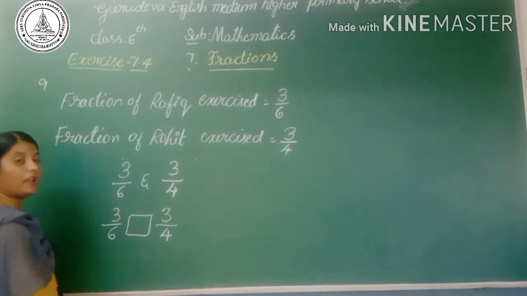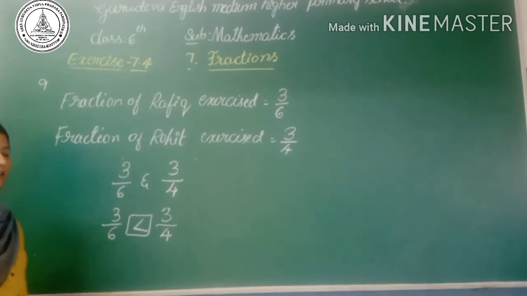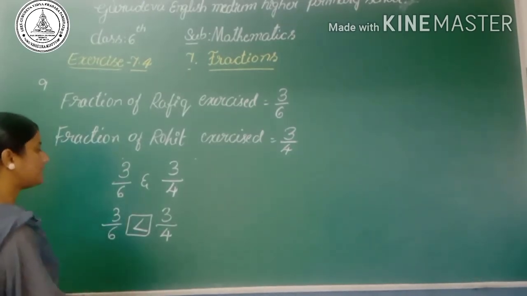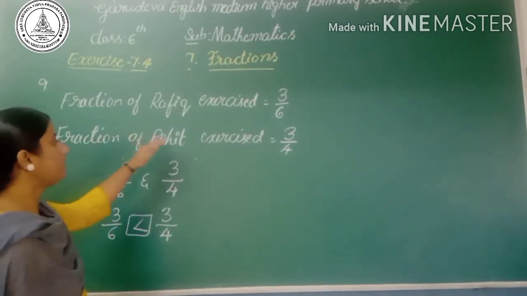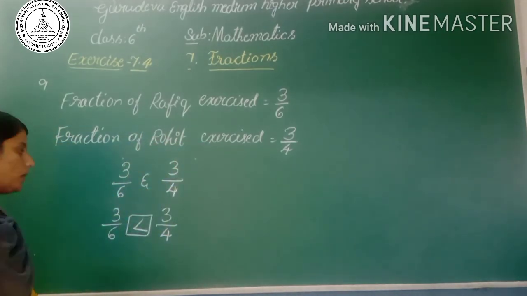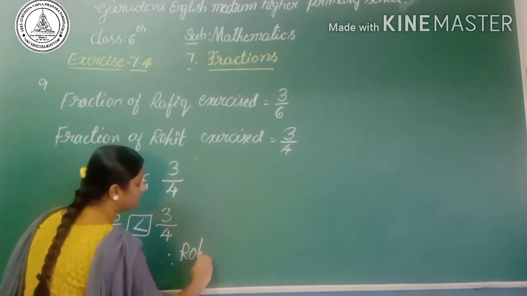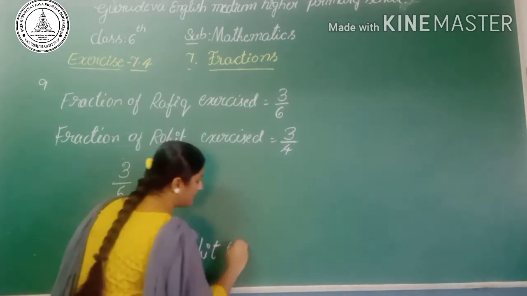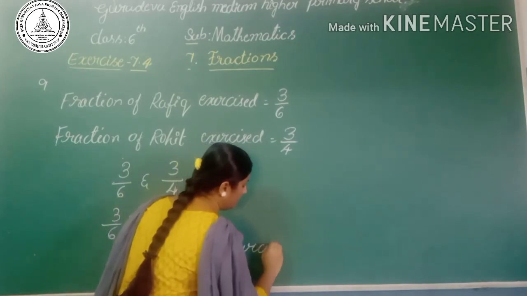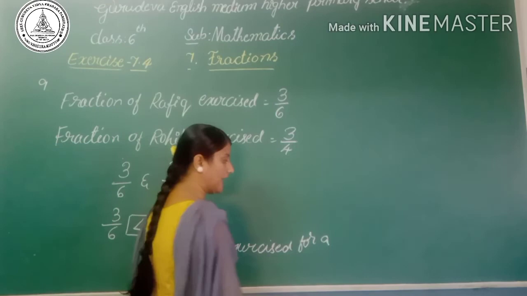Here 3 by 4 has the lesser denominator. So 3 by 4 is the greater fraction. If 3 by 4 is greater, that means the fraction of Rohit is greater. Then Rohit exercises for a longer time. Okay. Then therefore write down here: Rohit exercises for a longer time.